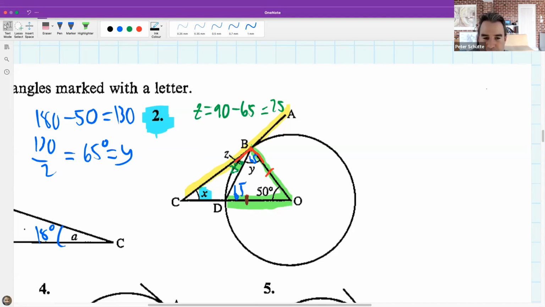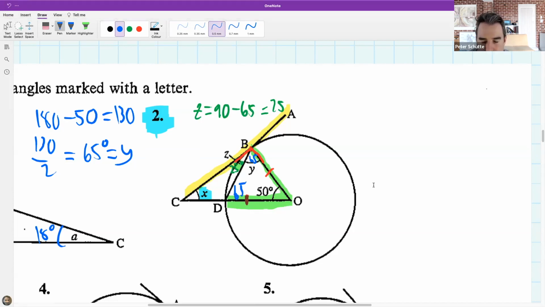Yeah, okay. For number 2, can you explain the rule where the tangent and the radius equal 90? Why don't we make the whole triangle, put it together, and then we can say 90 degrees minus 180 minus 50.